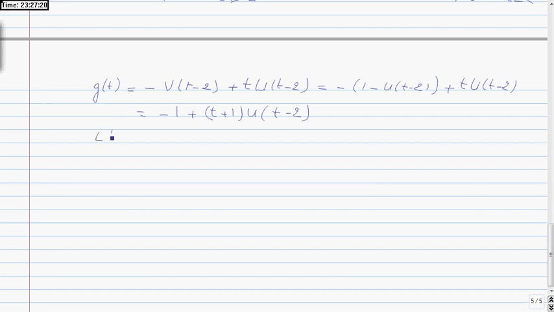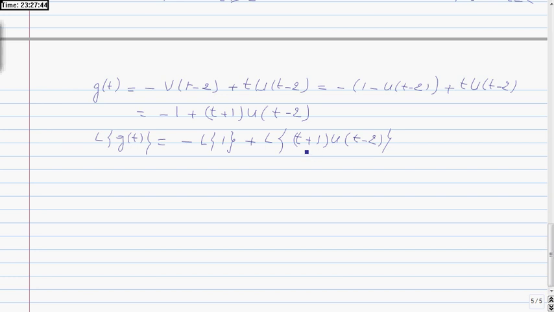So the Laplace transform of g of t will be negative Laplace of 1, and then plus Laplace of (t plus 1) u of t minus 2. And this is where we want to use the second translation theorem.